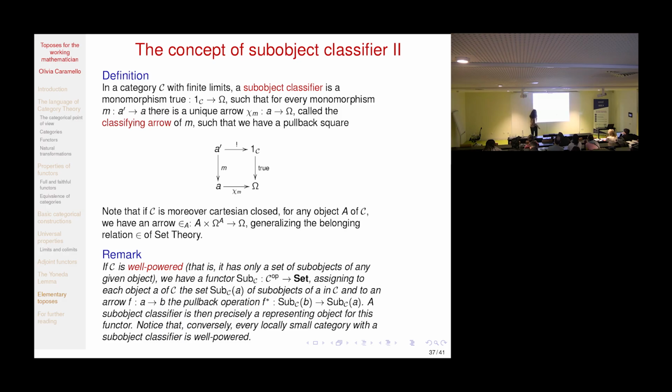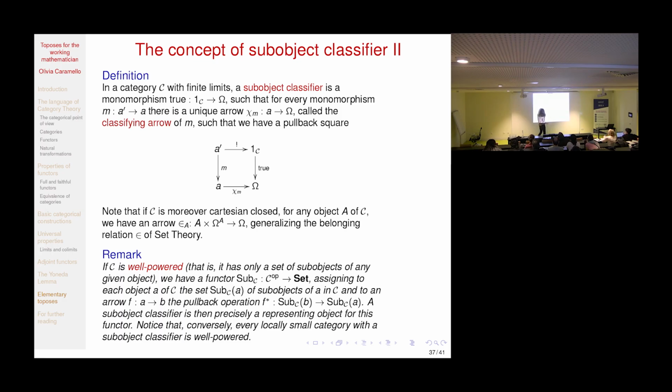You see, if you have a category with finite limits, you can pull subobjects back along an arbitrary arrow. So you get these maps between the subobject lattices. These are like the categorification of the inverse image map between power sets.